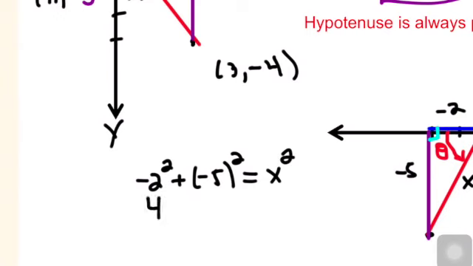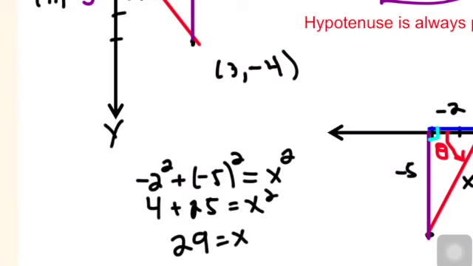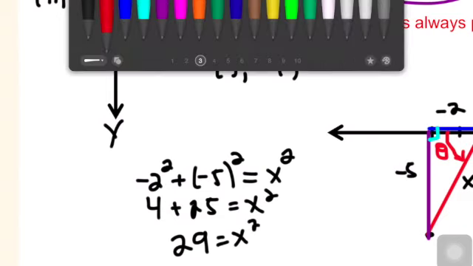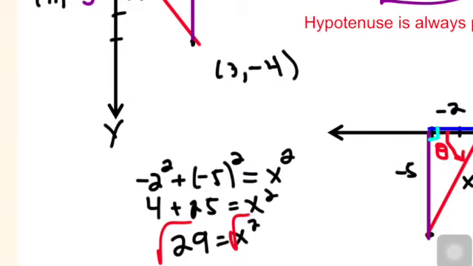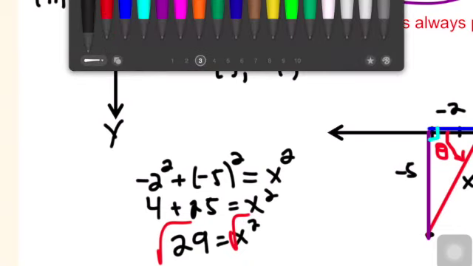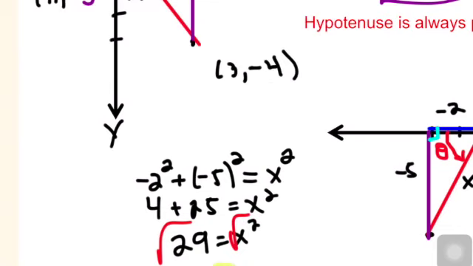This will give me 4 plus 25, and if we simplify that, we get 29. And let's go ahead and square root each side. So we're going to get x equals the square root of 29.